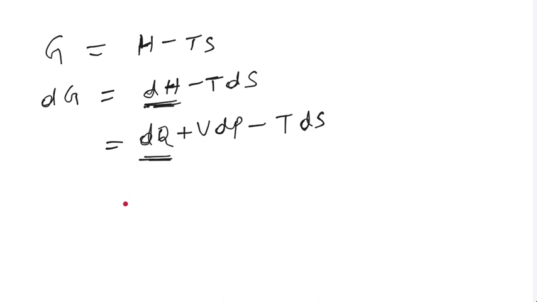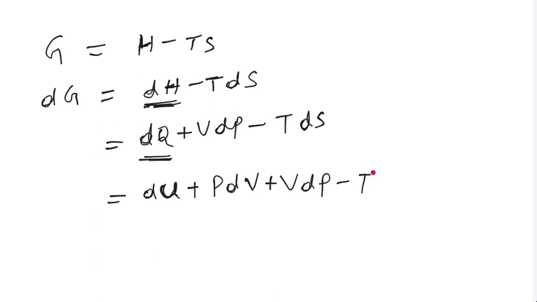So dQ can be written as dU plus VdP. G equal to H minus TS.